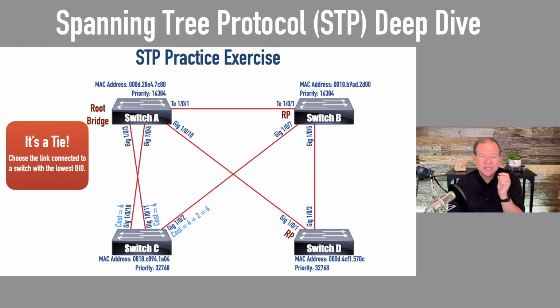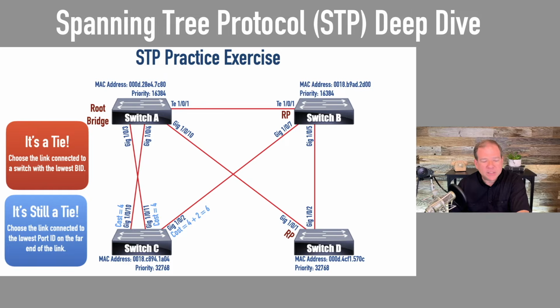Now, the next tiebreaker that we can look to is the port. We'll get into the difference between port number and port priority a little bit later. But for now, let's say it's a tie when we're looking at the bridge ID on the far end.